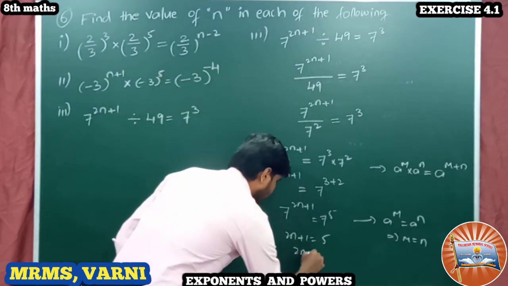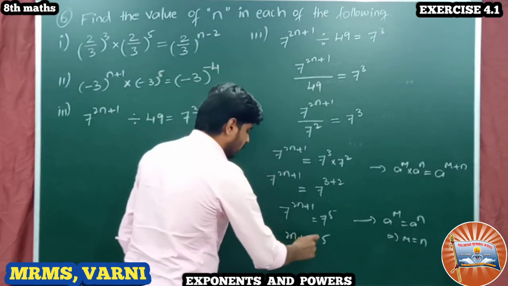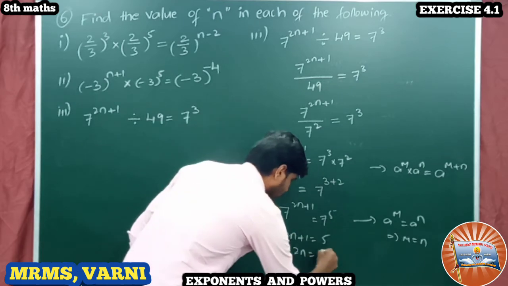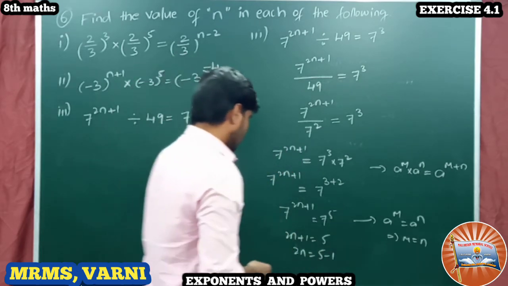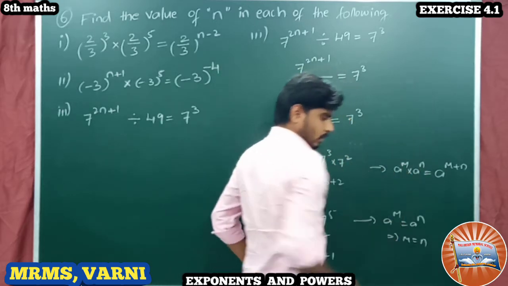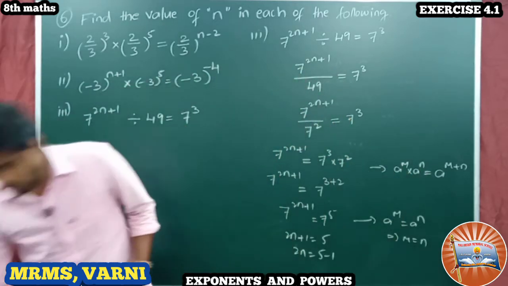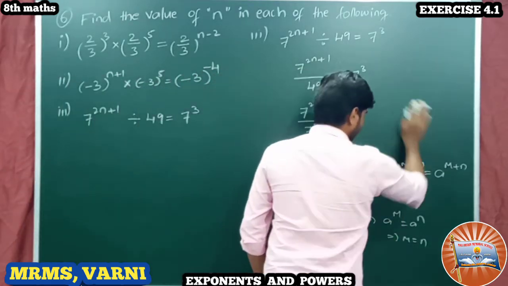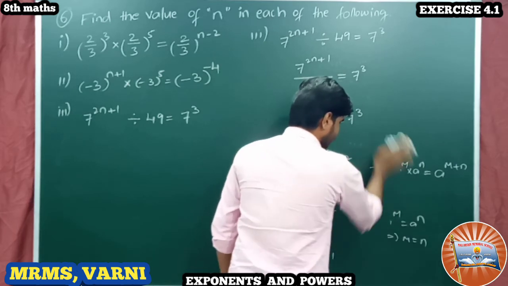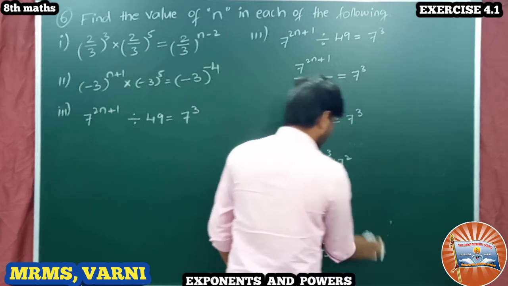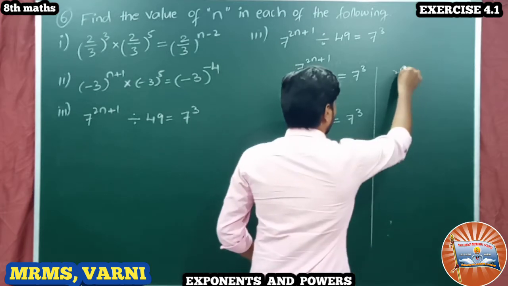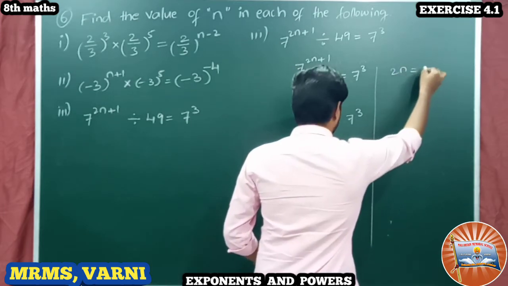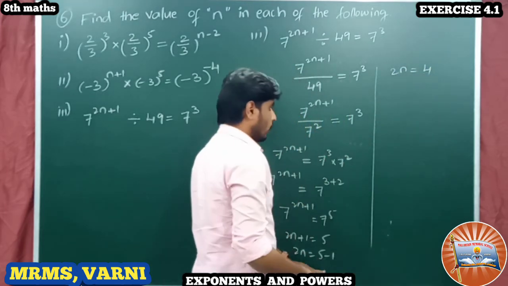So 2n is equal to, transposing 1 to the RHS, 5 minus 1, which is 4.